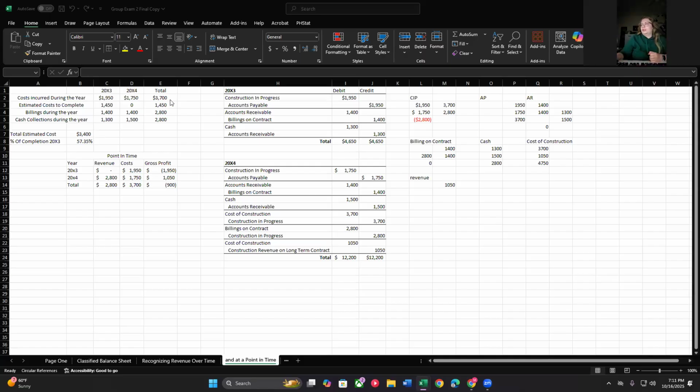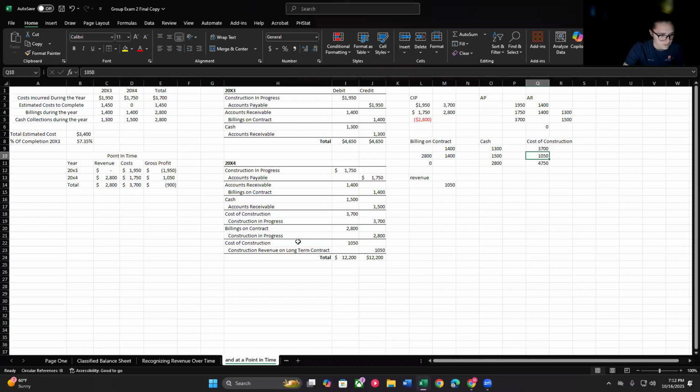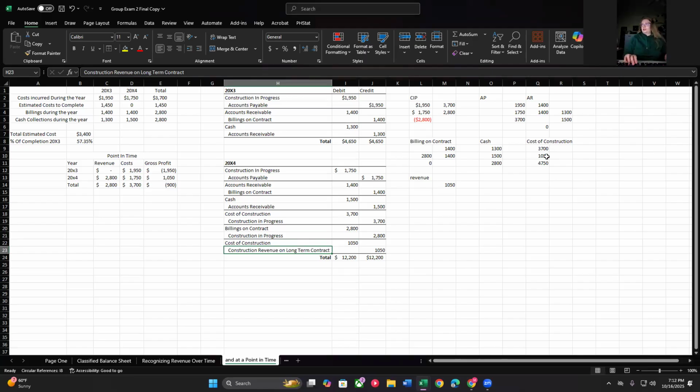I thought that was supposed to be the total we actually spent, and I don't know what the last one would be for the difference. So it's definitely something to do with this that is off. The revenue is fine. It's the cost of construction, change that to the total amount we spent, which is the 3,700. And whatever it is has to be the difference between 37 and 1050, which is 2650.